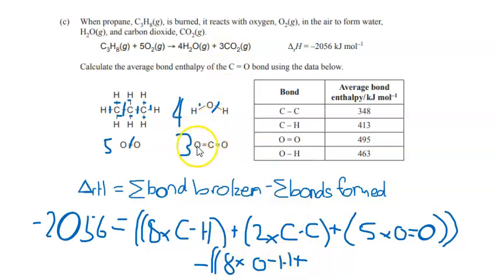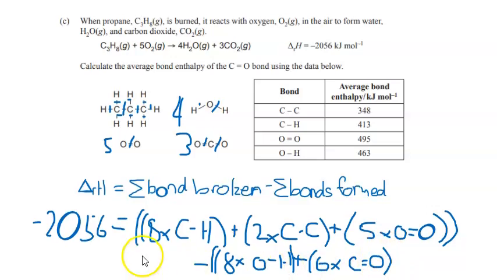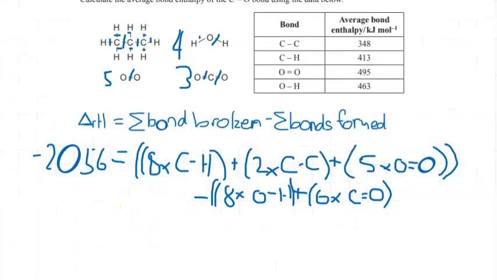There are 2 carbon to oxygen double bonds for each molecule, so 2 times 3, there's 6 carbon to oxygen bonds in total. So 6 times carbon to oxygen. And then we need to plug in all of the values.